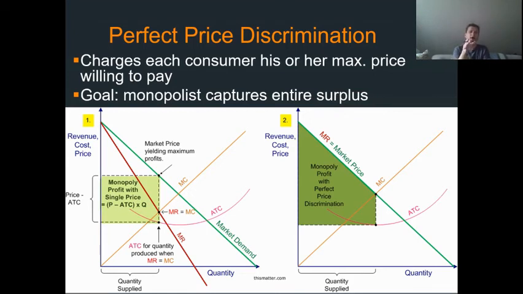So they have a decent profit, but they could make more if they charge everybody their maximum. If they're able to do that, they capture that consumer surplus that we drew on the original graph. You see it on the one on the left, represented by here the quantity, the y-axis, demand curve, consumer surplus is there. That all becomes profit.